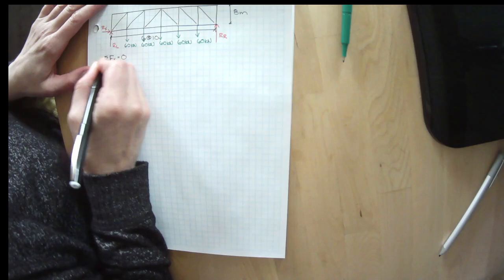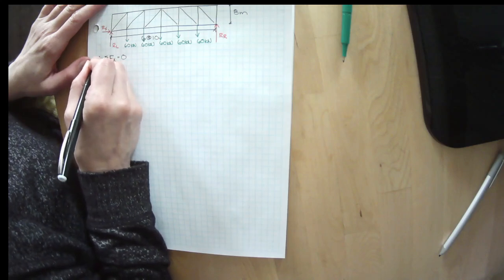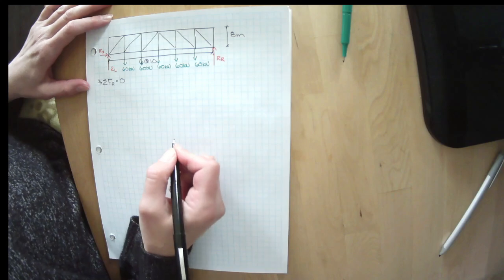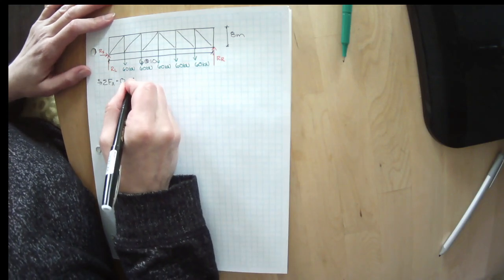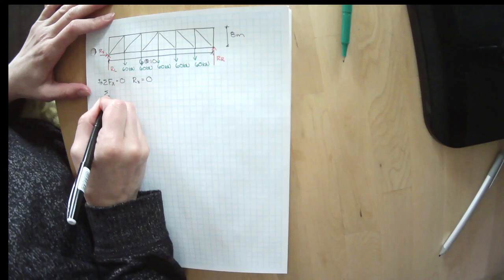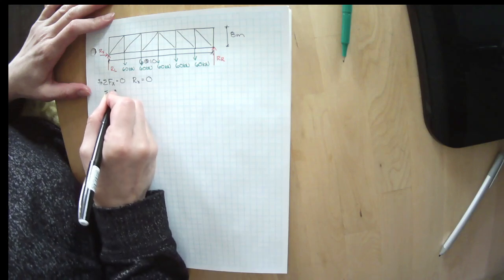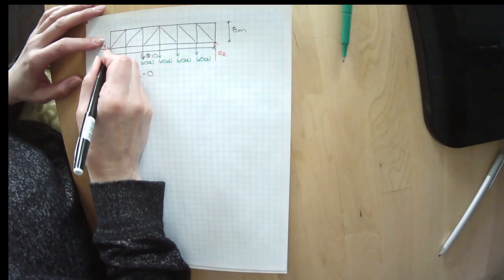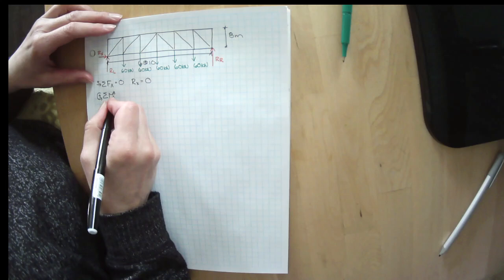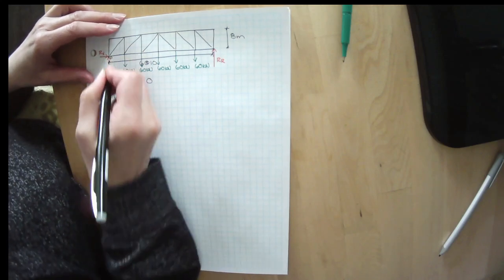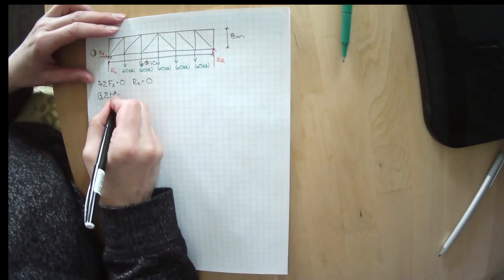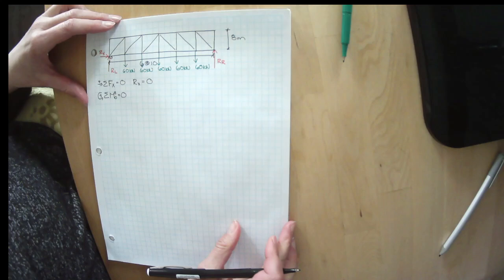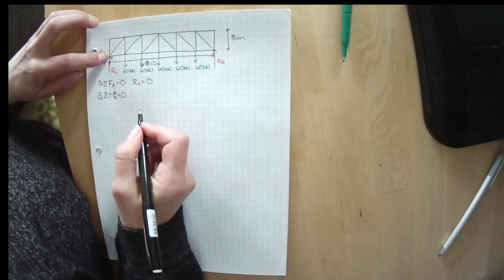We can sum our forces in the x direction, where everything going in that direction is positive, and we get that Rx equals 0. We can sum the moments about the z-axis, where everything in that direction is positive, and I'm going to pick that point right there. Let's call it point O, or 0. So I'm going to spin it about that point right there.